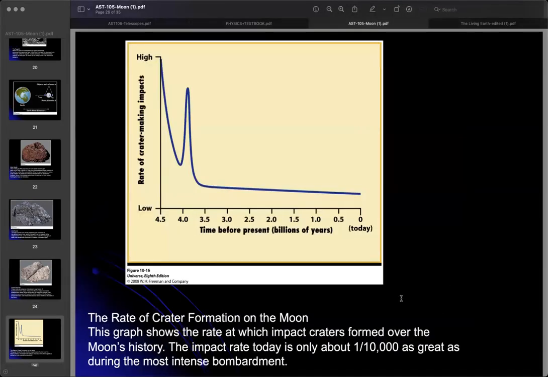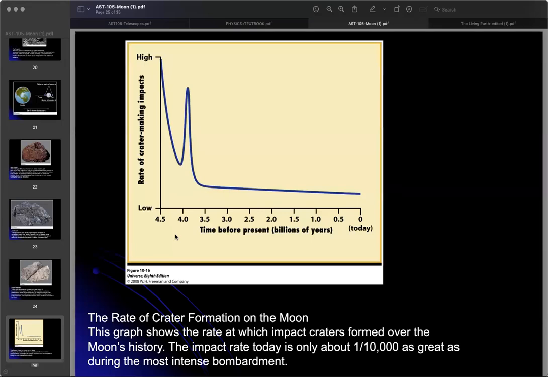Here is a graph showing the rate of crater-making impacts. As you can see, 4.5 billion years ago is when the solar system was made, and it was much more chaotic and full of planetesimals and debris and asteroids. And so the rate of impact was very high.